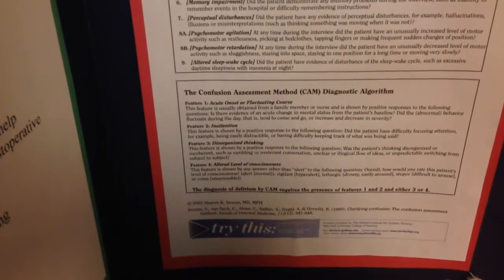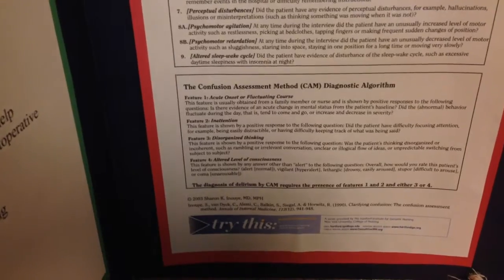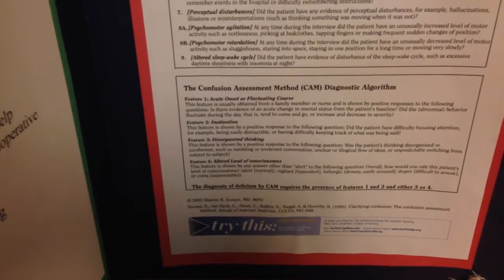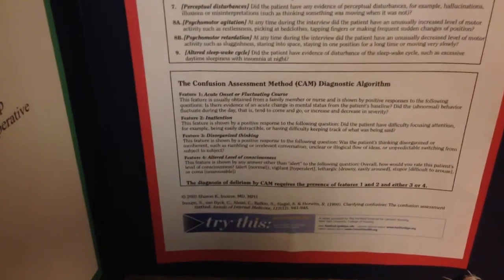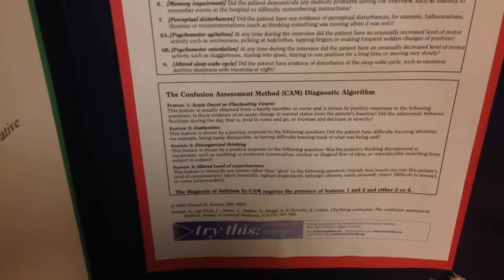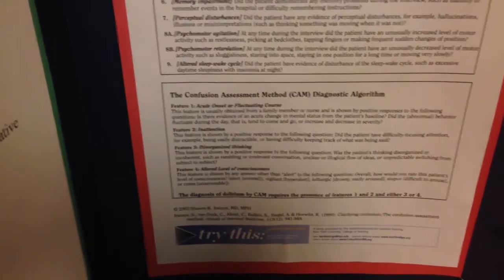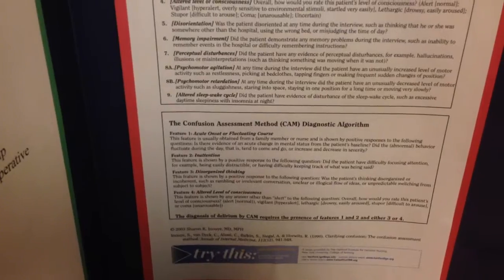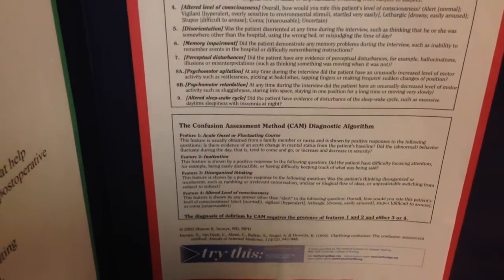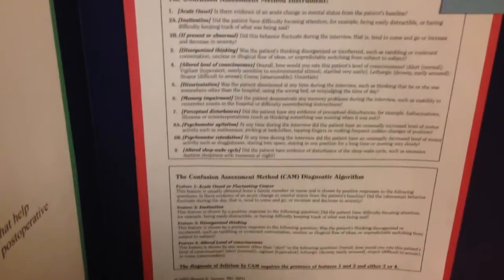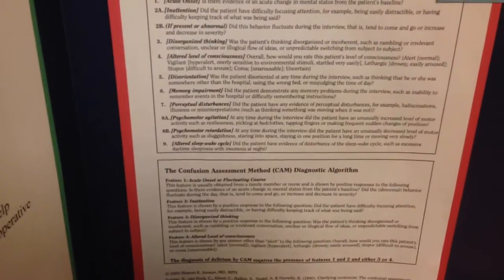And in order for the diagnosis of delirium by CAM, it requires the presence of features 1 and 2 and either 3 or 4 to make a positive case of delirium in a patient.